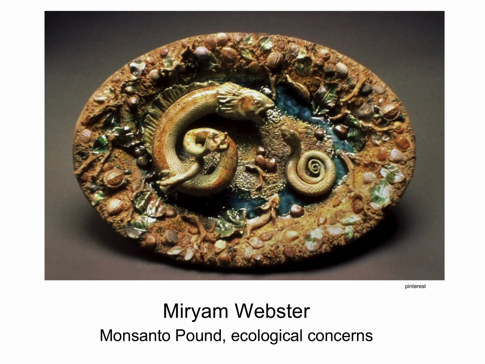And here the work of Merriam Webster with Monsanto Pound. It's a contemporary piece made just a few years ago, very much in the Palissy style, but talking about ecological issues of pollution and all those things that are very current and contemporary to deal with now.